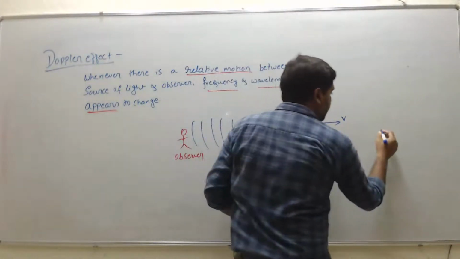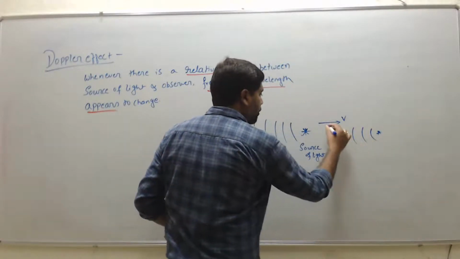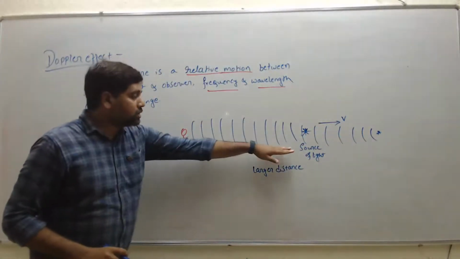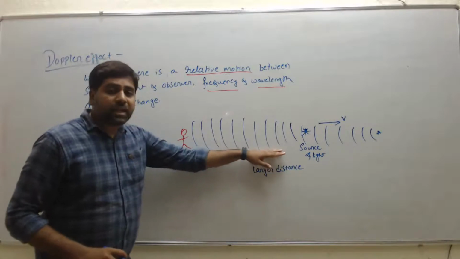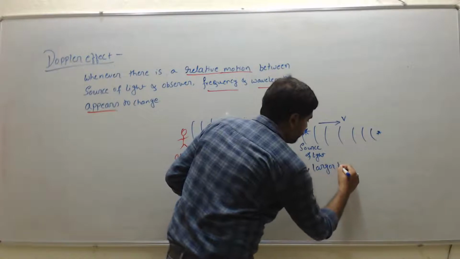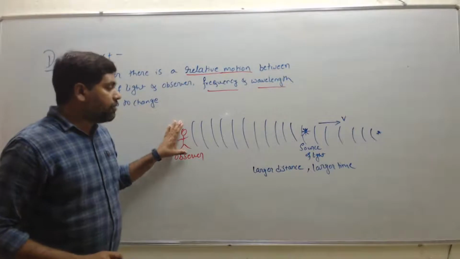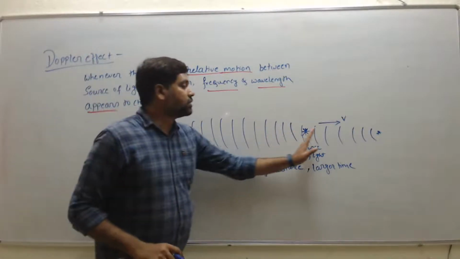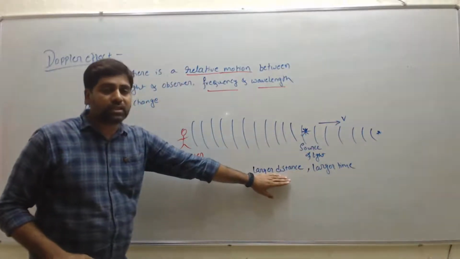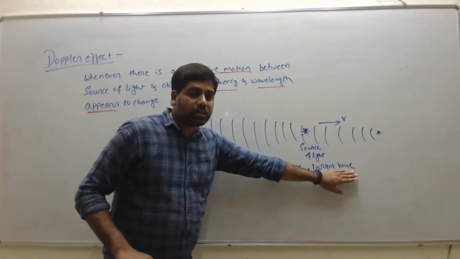If you consider somewhere here the source is moving, then the wavefront has to travel from here. So hence the wavefront has to travel the larger distance, so it takes larger time. So the wavefronts which are traveling to the observer, as the source is moving away from the observer, have to travel the larger distance. Due to traveling the larger distance, they take larger time.